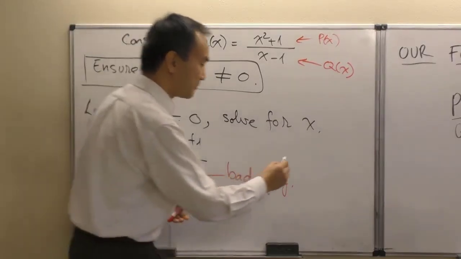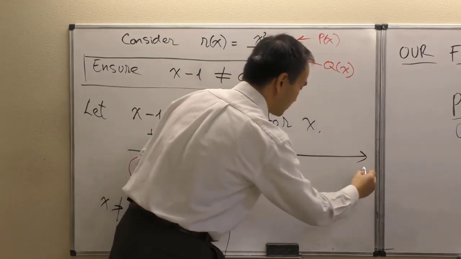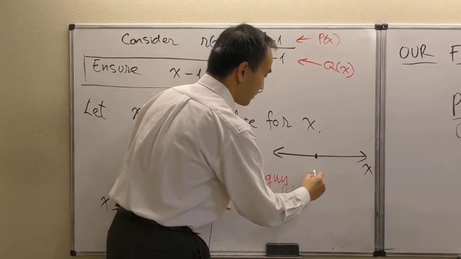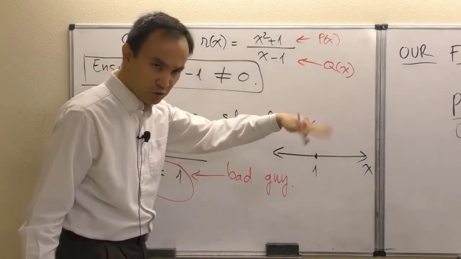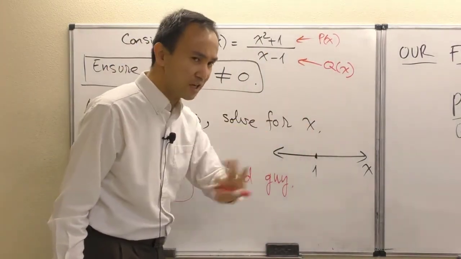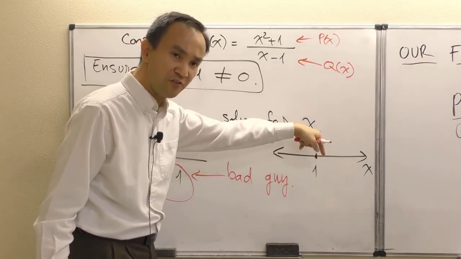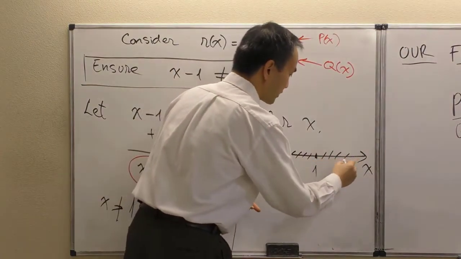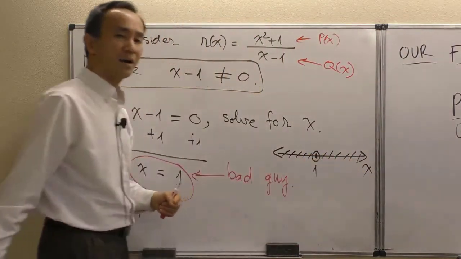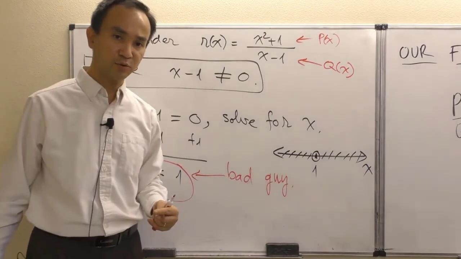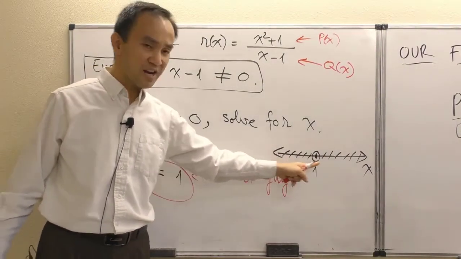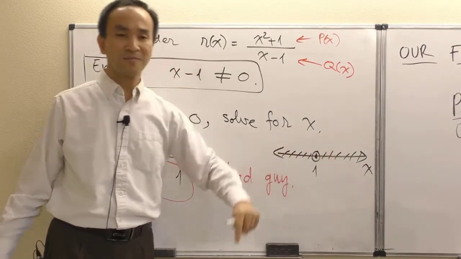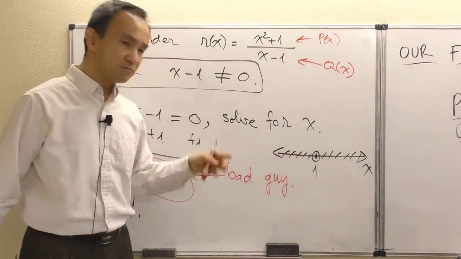So just think about the graph right here, or the number line. 1 is just some value on the number line, exactly in the middle or shifted to the right or left, that's not important. So we just take any value of x except 1. That shaded part, the two disconnected shaded parts together, are our domain of the function.